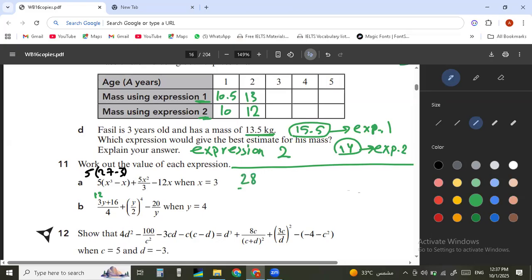So I'm going to write 28 over 4 plus y over 2, which means 4 divided by 2, which is 2. 2 to the power of 4 is 16, minus 20 over y, which means 20 divided by 4, which is 5. That equals 7 plus 16 minus 5, which is 23 minus 5, which is going to give you 18.